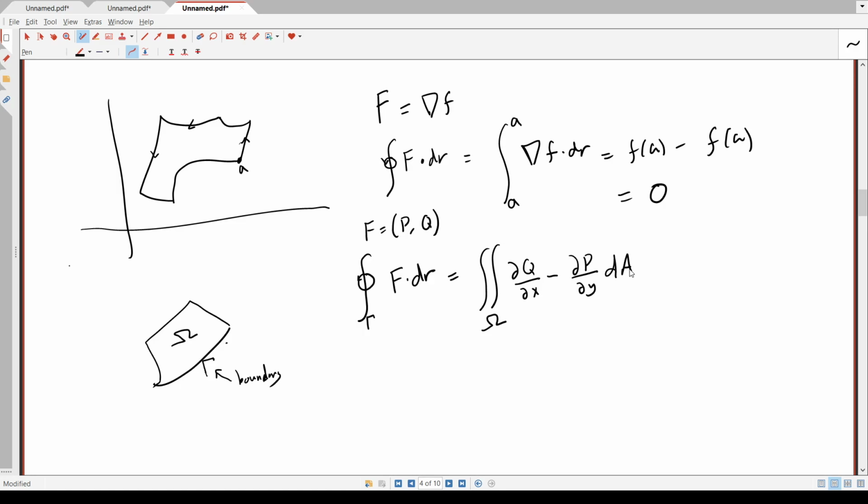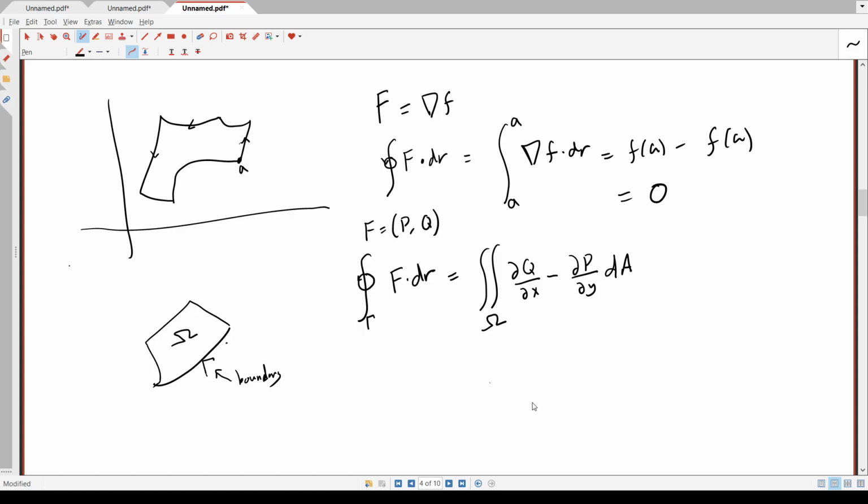So this is actually pretty cool because it just turned this line integral, where we're going around, into a double integral. And double integrals are, in a lot of cases, easier to integrate, especially if you can use polar coordinates or something. So it's a way to convert a line integral into a double integral over the area.